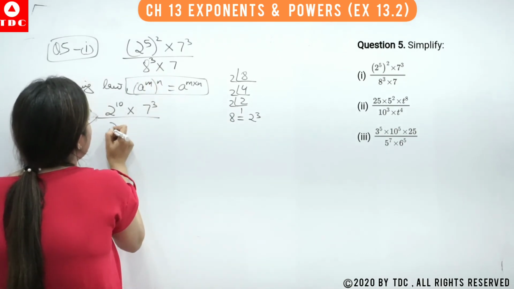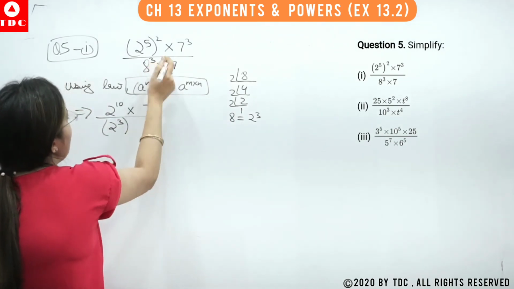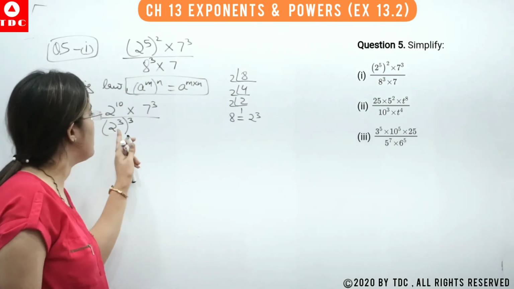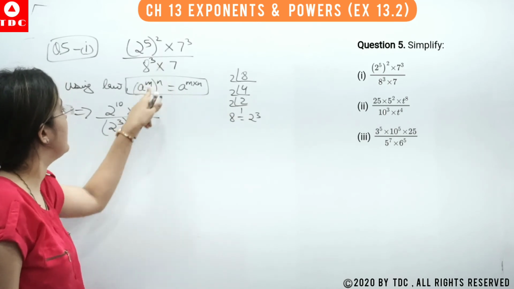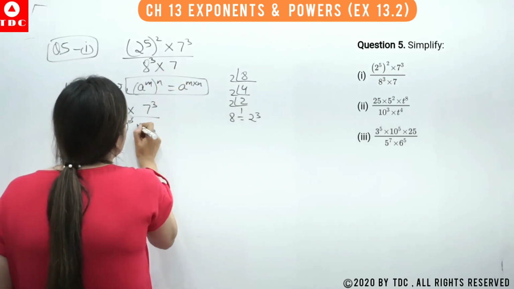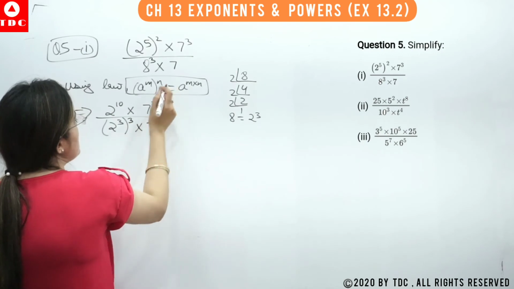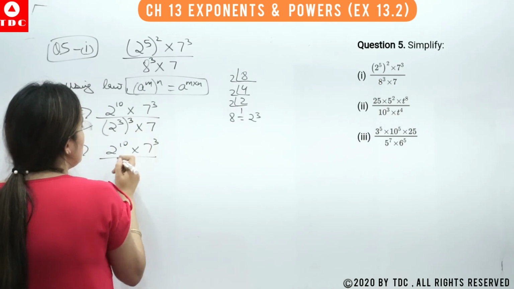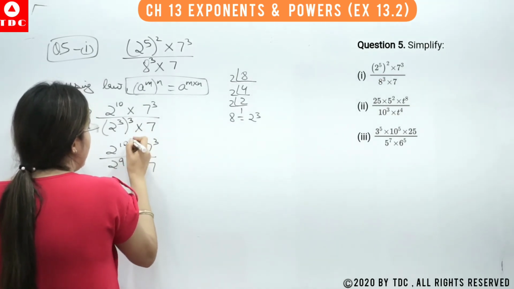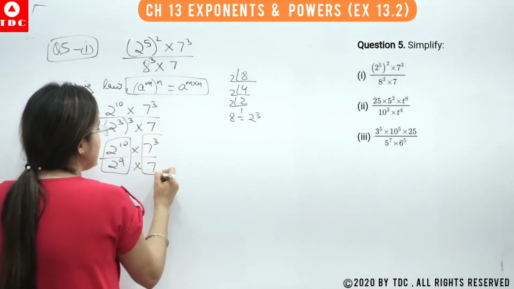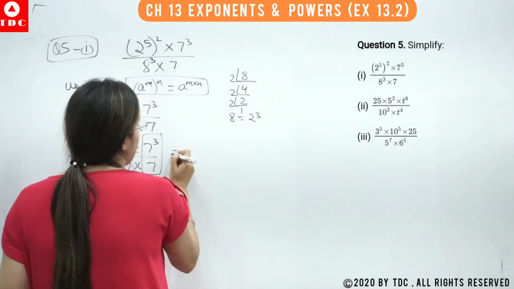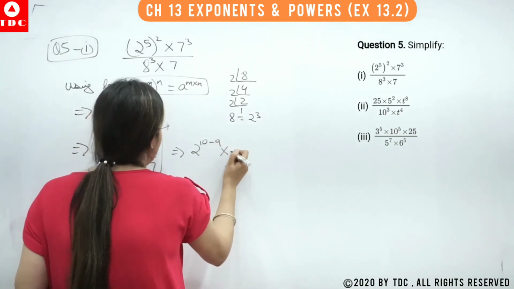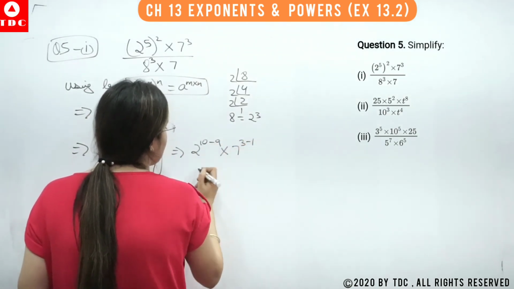Here 8 could be written as 2 to the power 3, and the power 3 is already there, into 7. Now again using the same rule, what we can get here, 3 into 3, that means 9. Now this could be solved with the same base and this could be solved with the same base. See, it will become 2 to the power 10 minus 9 into 7 to the power 3 minus 1.